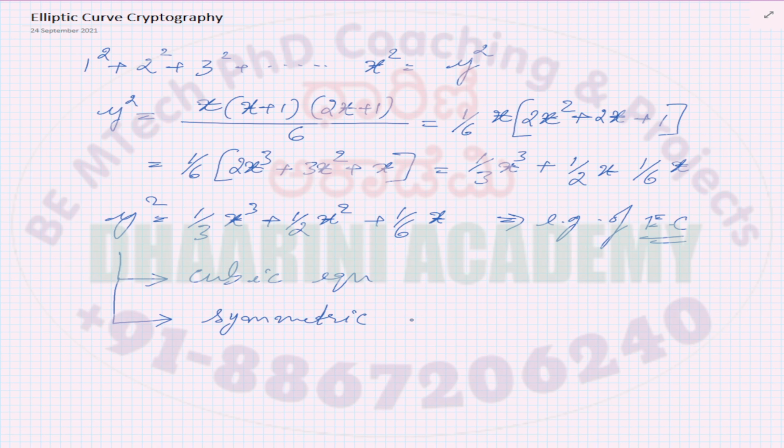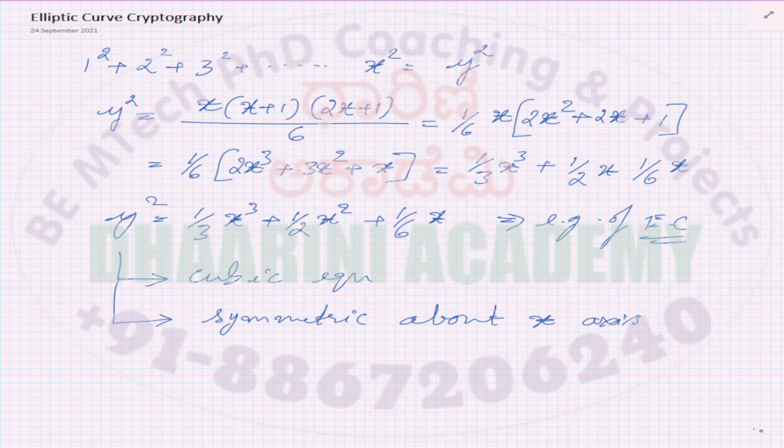So this is symmetric about whenever you have a power of one of the terms, like either x or y exists, right? Then that means it is symmetric about the other axis. If you have y square, it means symmetric about x axis. I'll tell you why. Okay, symmetric about x axis.